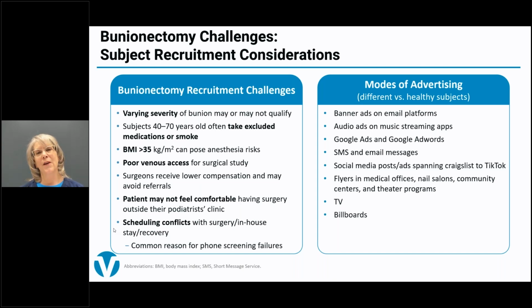And so to get a better demographic, we have gone out to different modes of advertising, not just our standard electronic TV and radio ads. We've also used billboards, banner ads on email platforms, and even Craigslist in order to recruit these subjects.